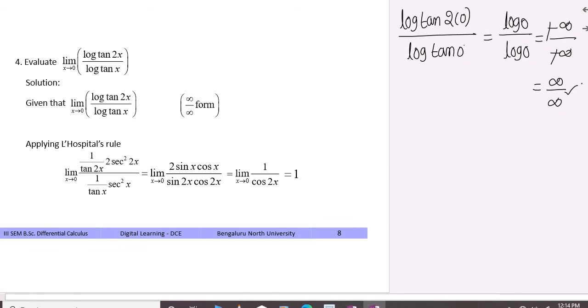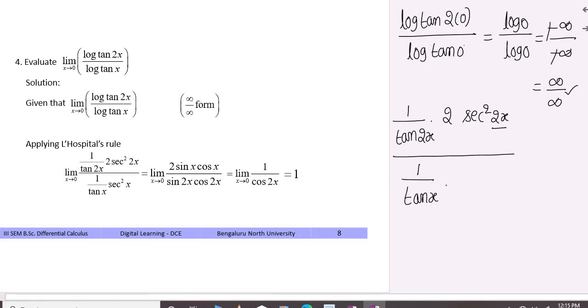That's why we are going to apply L'Hopital's rule to evaluate the given limit. That means log of tan 2x differentiation is 1 by tan 2x. Tan 2x differentiation is secant square 2x, and I write 2 here because that is the 2x differentiation, divided by log of tan x differentiation, which is 1 by tan x.